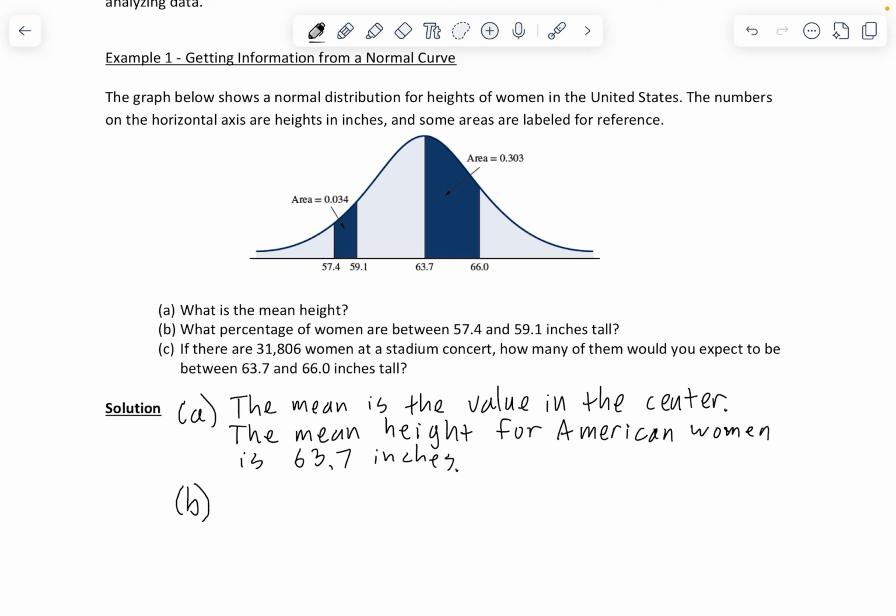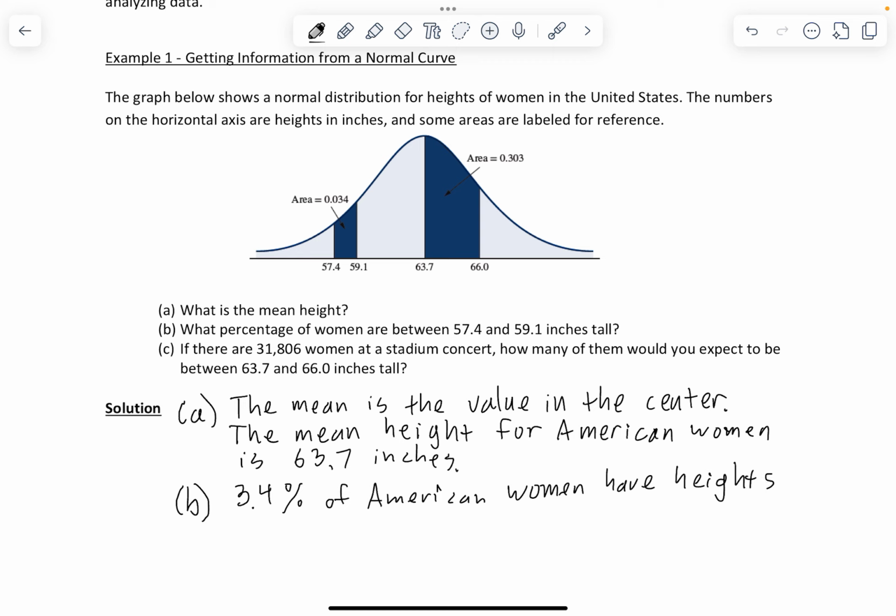So we could say 3.4% of American women have heights between 57.4 inches and 59.1 inches.